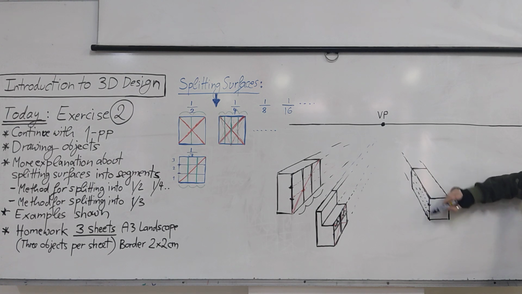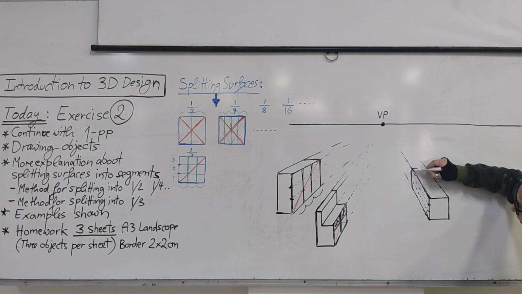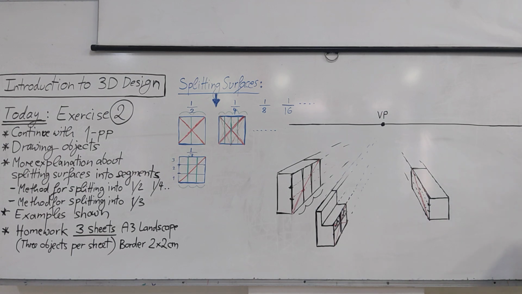Then put one line through, use this color, one diagonal through. See where it will intersect these two lines. So it intersects in this part somewhere and in this part. And here we will put the division.